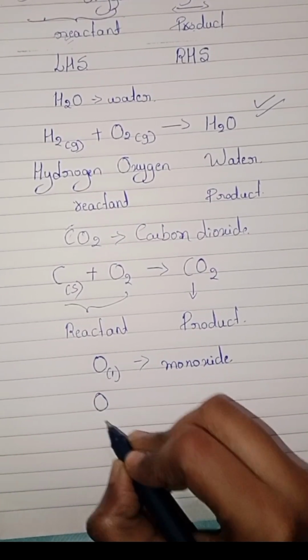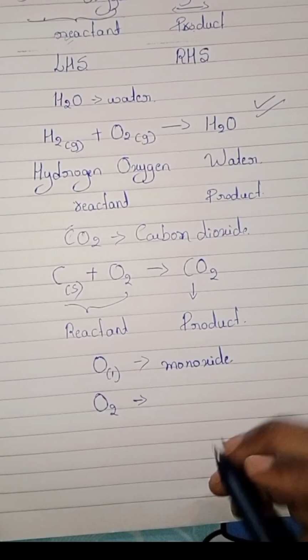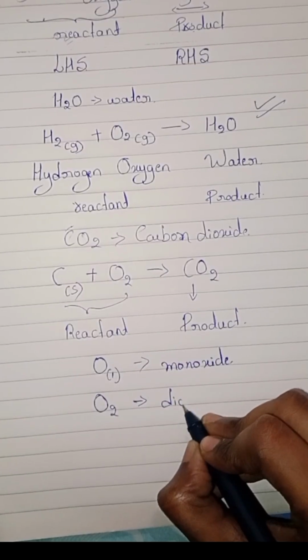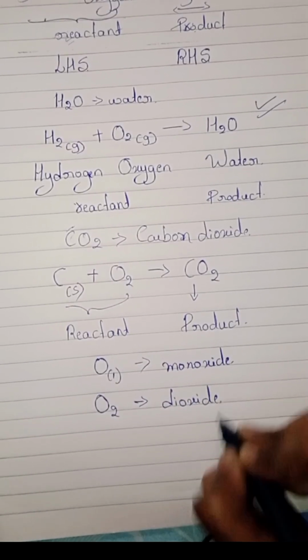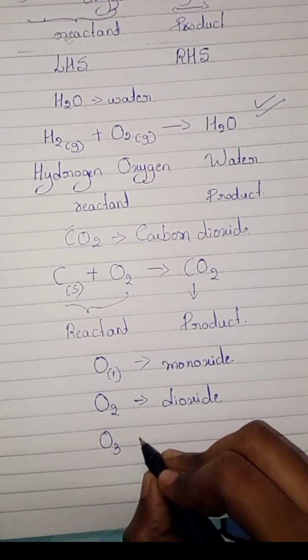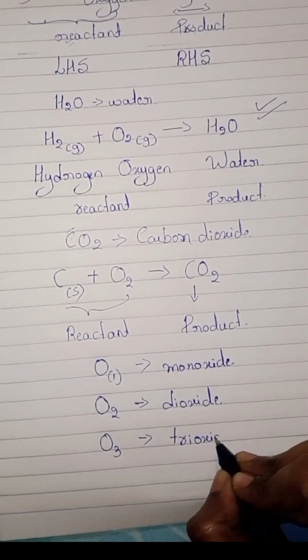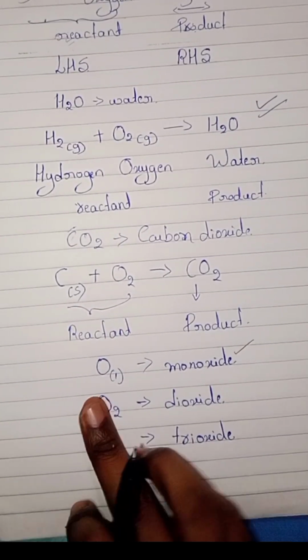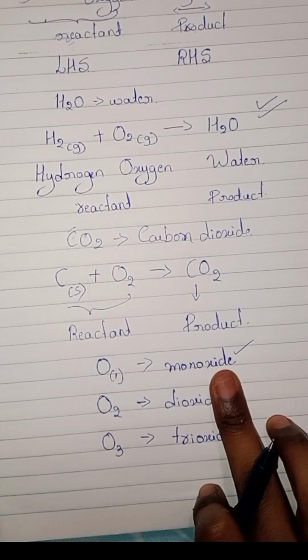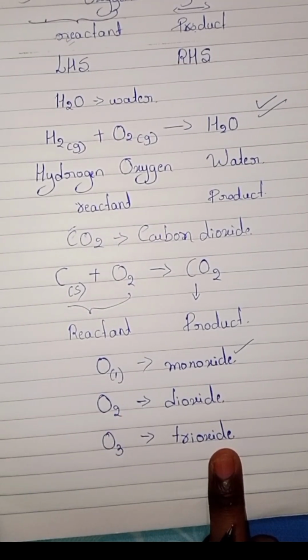If in the subscript we have 2 atoms of oxygen, then we call it a dioxide. If three atoms of oxygen are present, we call it a trioxide. Monoxide, single oxygen; dioxide, two oxygen; and trioxide, three oxygen.